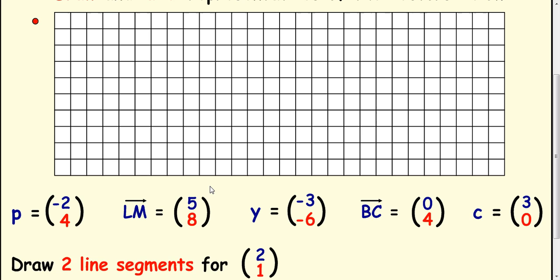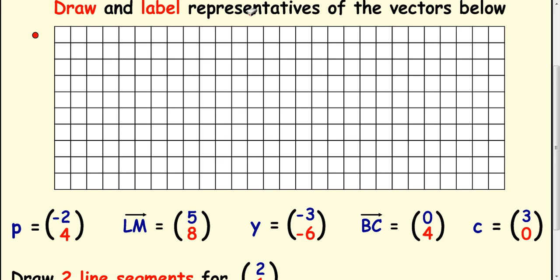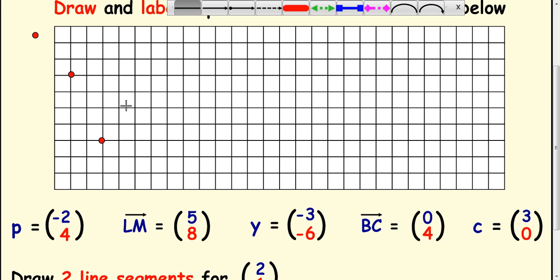Okay, just to move on a wee section, we'll look at how to draw line segments. So if we're to draw P, you would do a dot, and then you would move 2 back and 4 up, and then you would join it up.